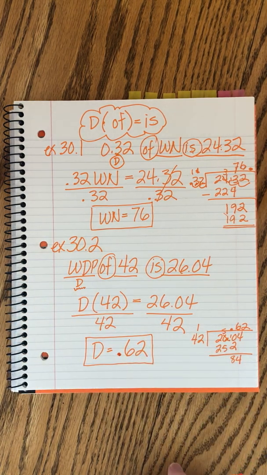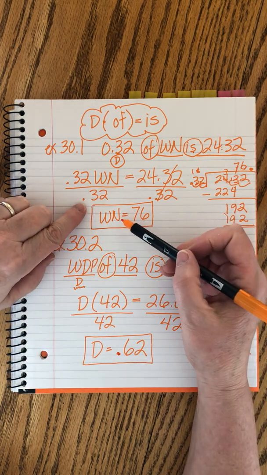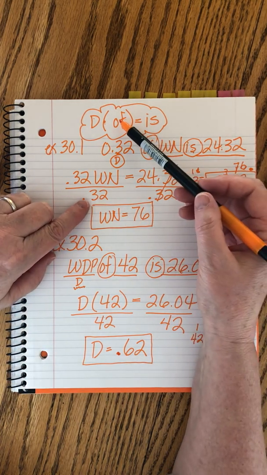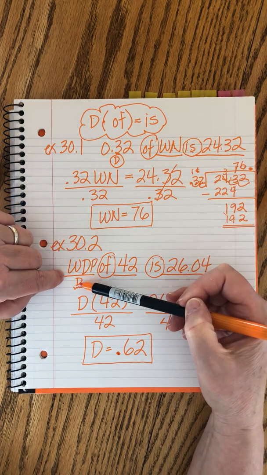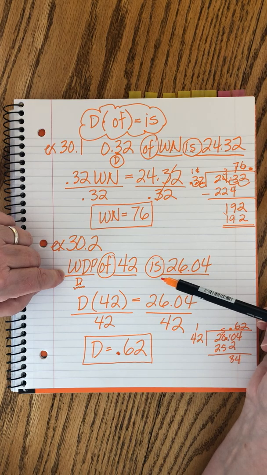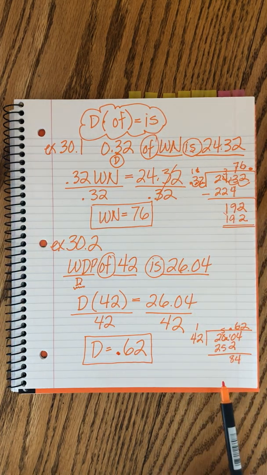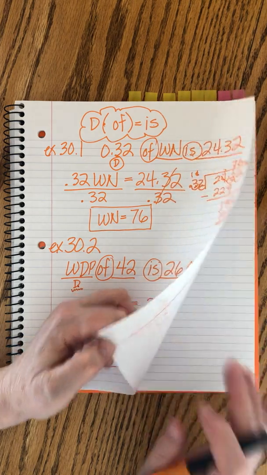All right, fun. All right, so we have one more. We've had the variable, the of number has been the variable, and the decimal has been the variable, right? So guess what will be in our next one? The is will be the variable. The mystery.